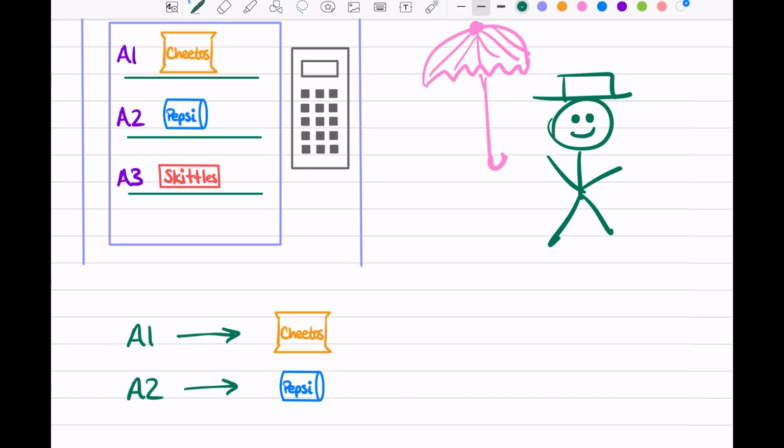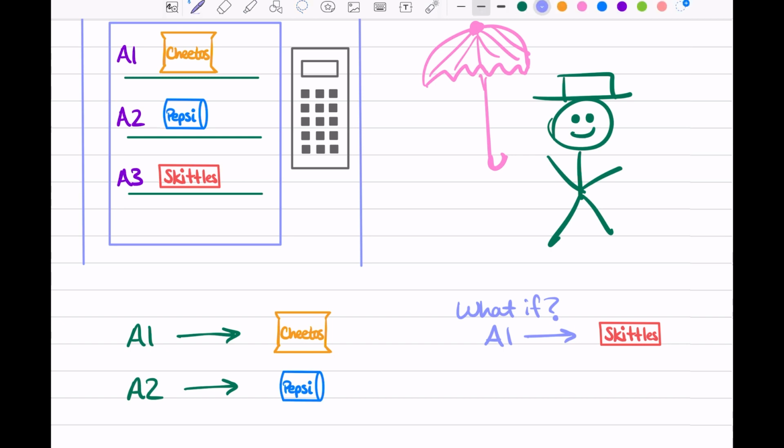But what if something else happened? What if you typed in A1 and out popped some Skittles? You would be confused. You'd be like, whoa, I wanted some Cheetos, and I got some Skittles. That's not right.